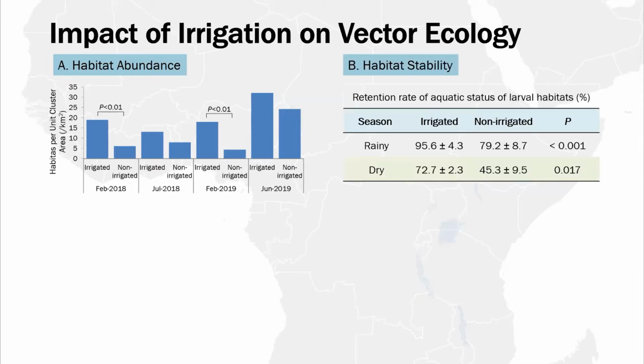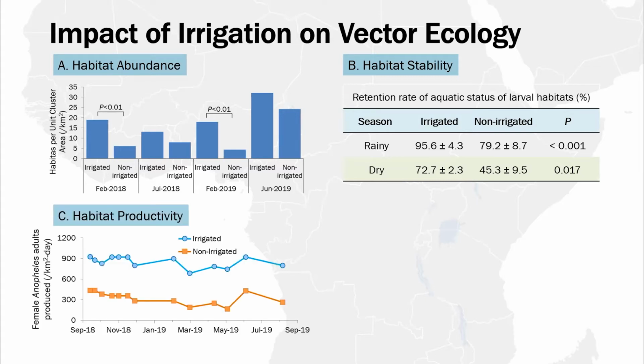Looking at habitat stability, meaning habitats that maintain their aquatic status throughout either the dry or rain season, irrigated areas were better, with over 72% of the habitats maintaining the aquatic status during both the rain and the dry season.